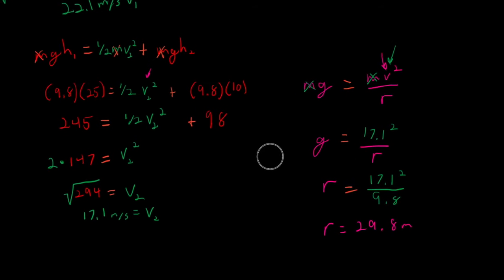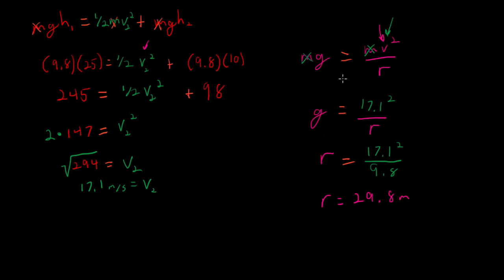And so I said we could substitute this in instead. So if we go back to, let's do this step right here, before we substituted any numbers in. If I set that up, I've already eliminated my masses. I've got GH1 being equal to the addition of 1/2 V2 squared and GH2. But then I can set up my pink equation over here.